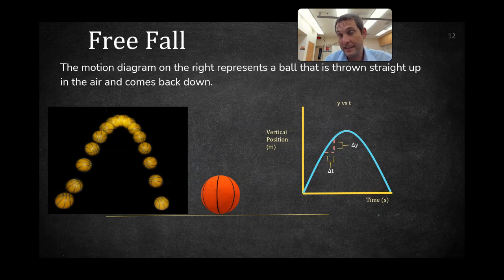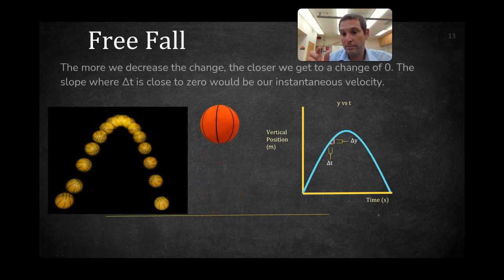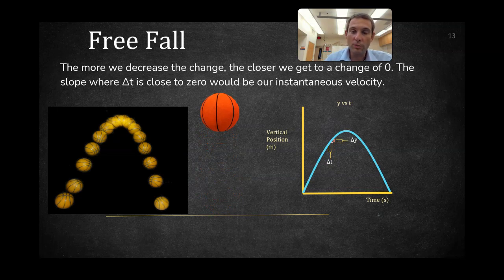So to find the instantaneous slope, we would take the slope of the tangent line, a straight line that just barely touches this curve, and then whatever the slope of that is. Essentially what we're doing is making the rise and the run smaller. The more we decrease the change, the closer we get to a change of 0. The slope where delta t is close to 0 would be our instantaneous velocity. That essentially is our derivative.